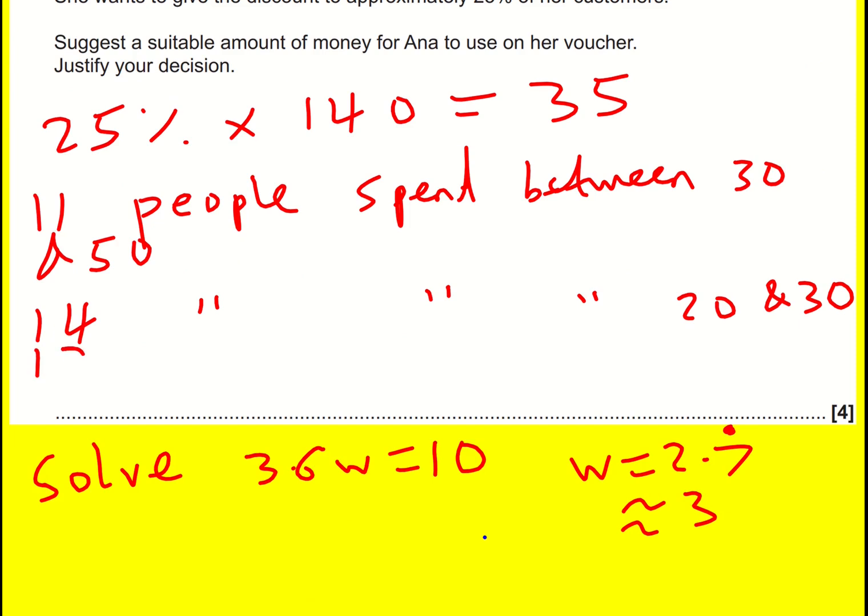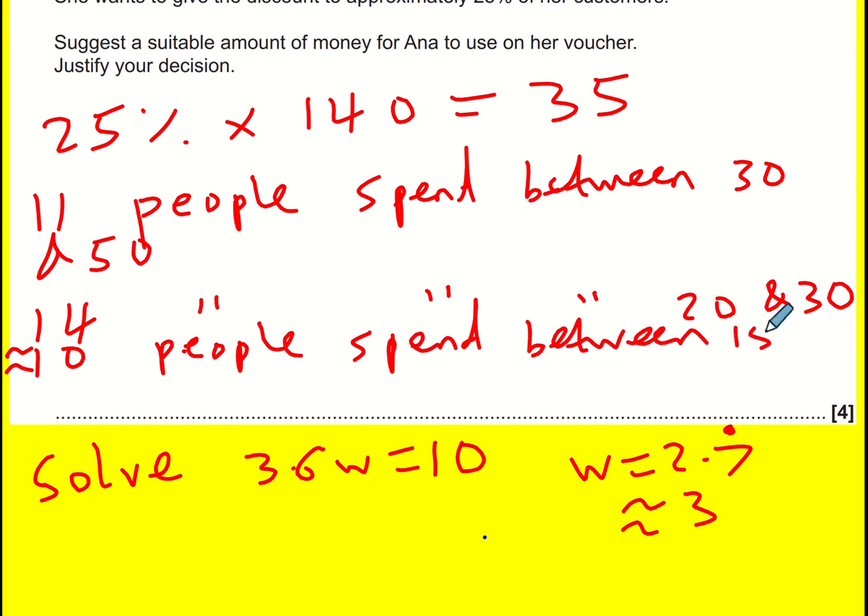So approximately 10 people spend between 17 and 20. And that's it. That's going to be our 35 people. So I might just add that.